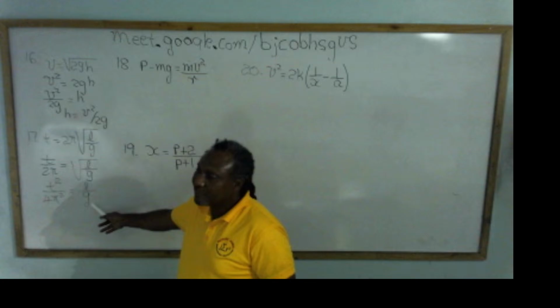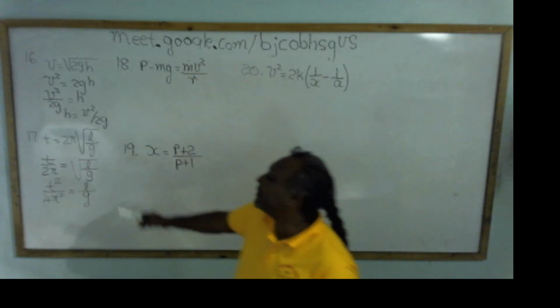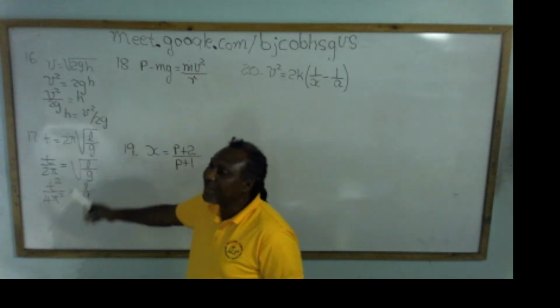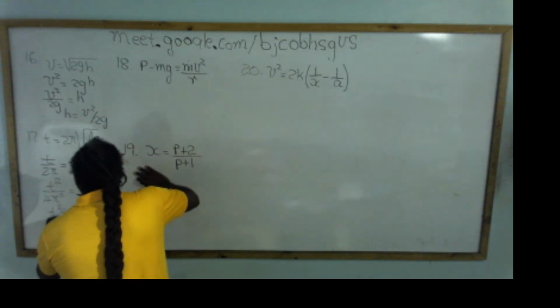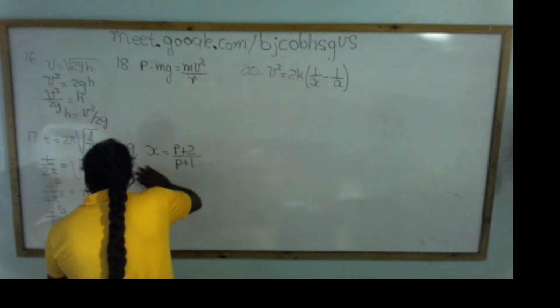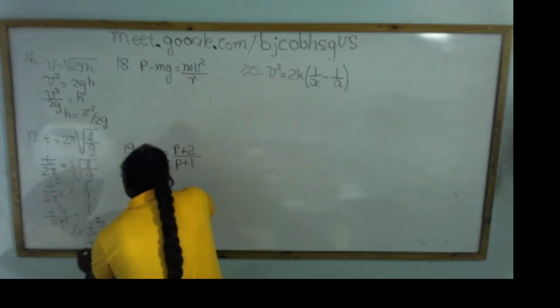The G is dividing, so we eliminate it by multiplying by G. So T squared G over 4 pi squared is equal to L. So finally, L is equal to T squared G over 4 pi squared.